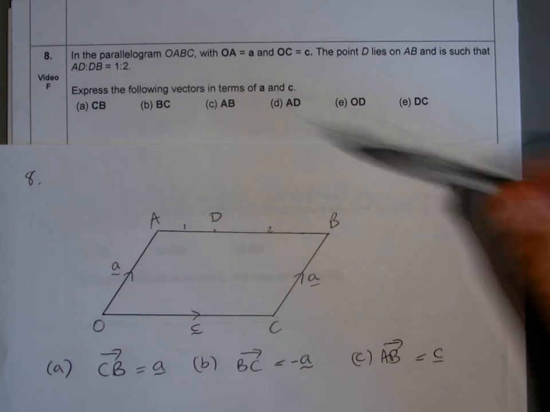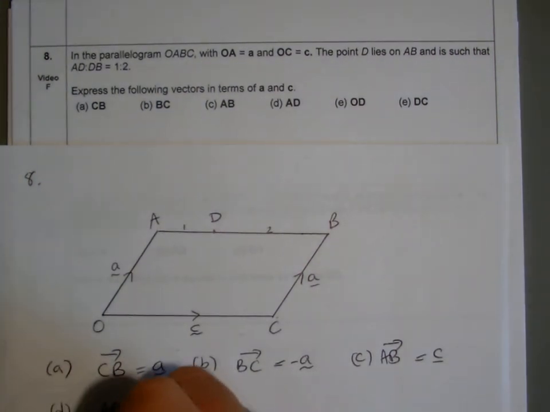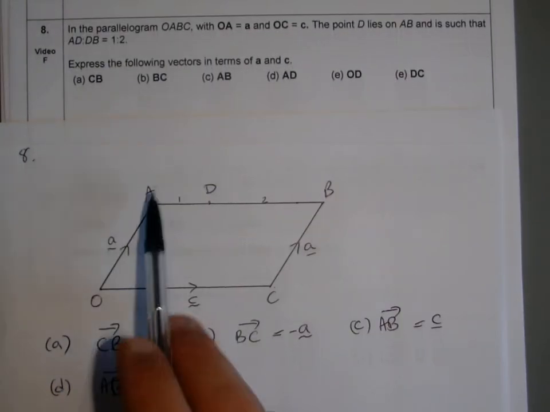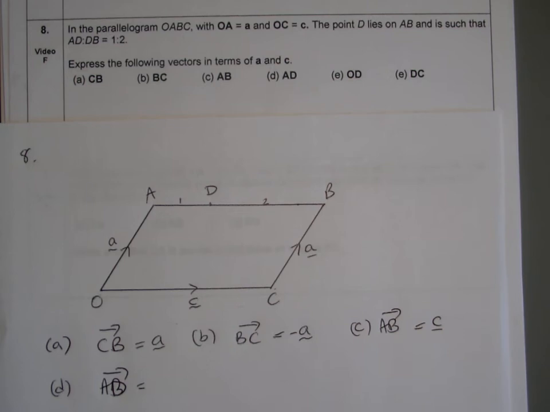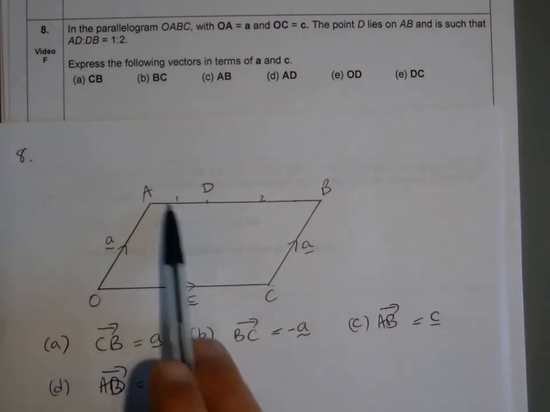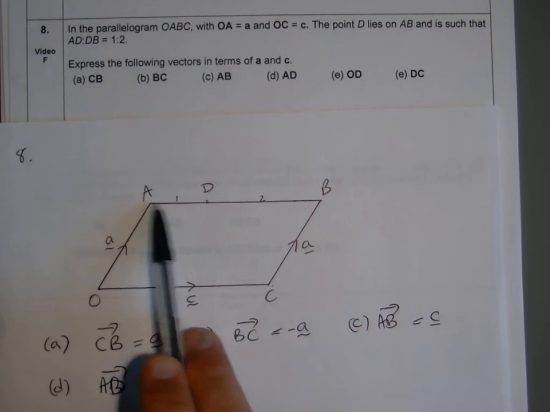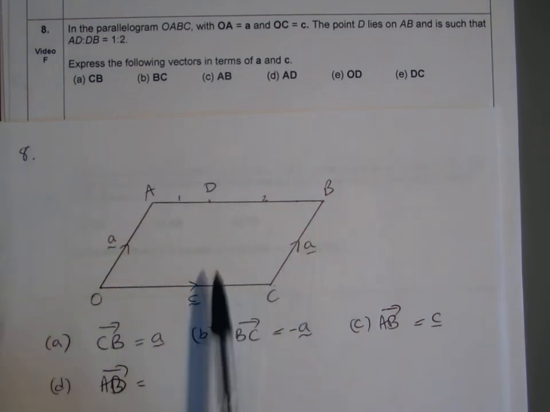So what have we got then? AD, yeah? Let's have a look at AD here. Well, AD is just that length there, isn't it? Now, to help you here, what you need to appreciate is that this little line AD is parallel, of course, to AB. It was parallel to OC, okay?